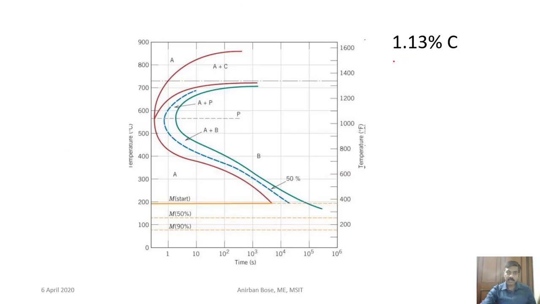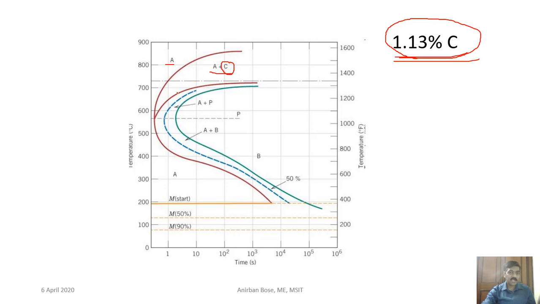So this is the whole time-temperature transformation diagram over the whole range, which corresponds to 1.13% of carbon. Here it is austenite, and here it is austenite plus C, which indicates the cementite. Okay, because the pro-eutectoid phase at hypereutectoid composition is cementite, right?